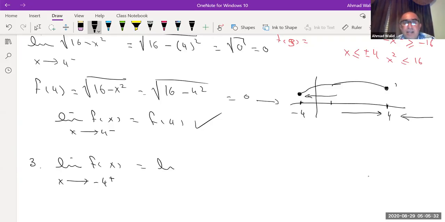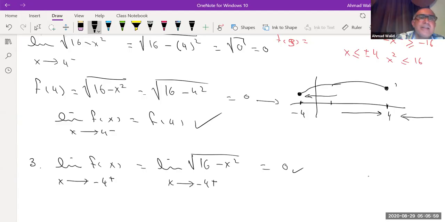It means the limit of the square root of 16 minus x squared as x approaches negative 4 from the right. If you plug in, it gives you 0 again. Here 0, here 0. The limit of the right hand and the limit of the left hand have the same value. Correct? I did all 3 tests, or all 3 steps.